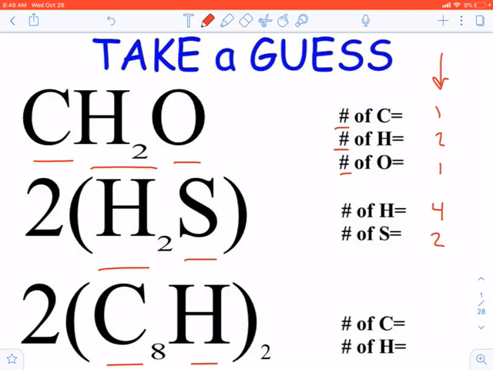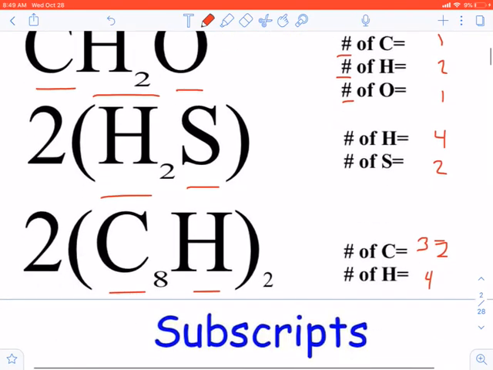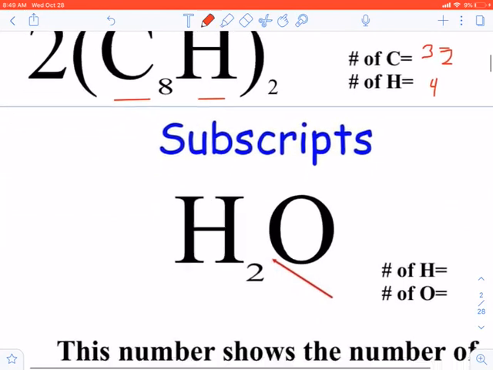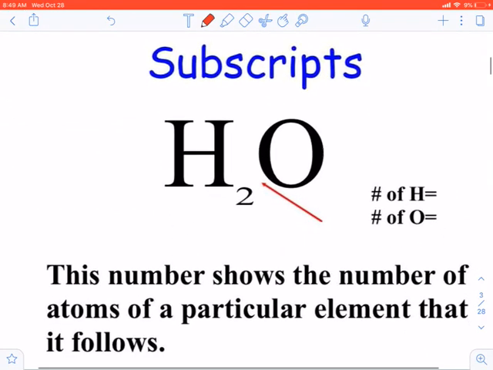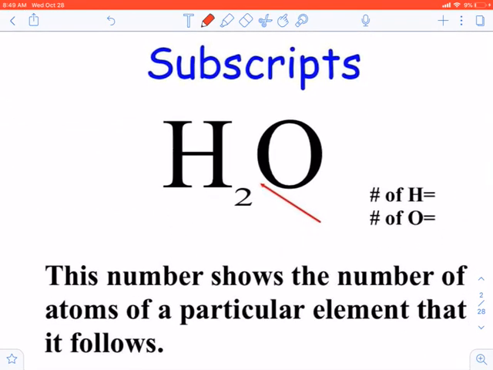Then the answer to the next one is actually 32. Yep, 32 and 4. And if you didn't get those right now, that's okay. We're going to try it again in a little bit, and you should be able to knock it out of the park. What's important to know is that we know what a subscript is.